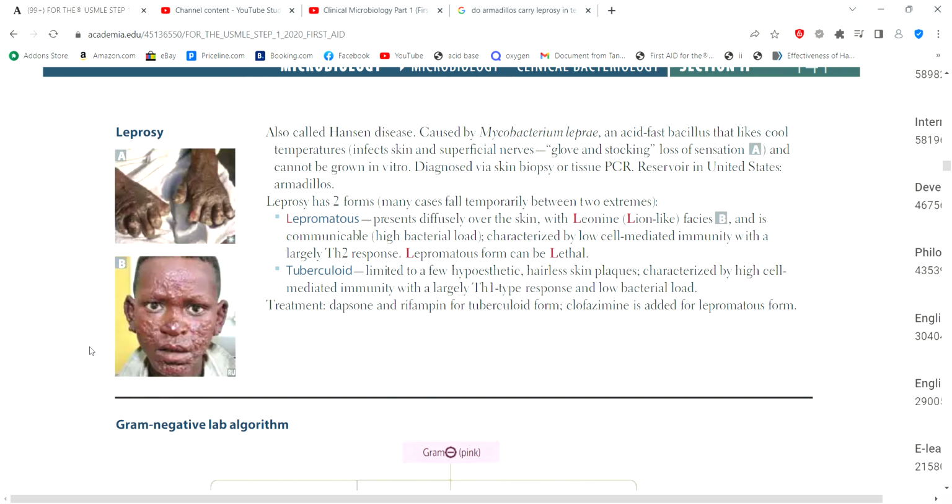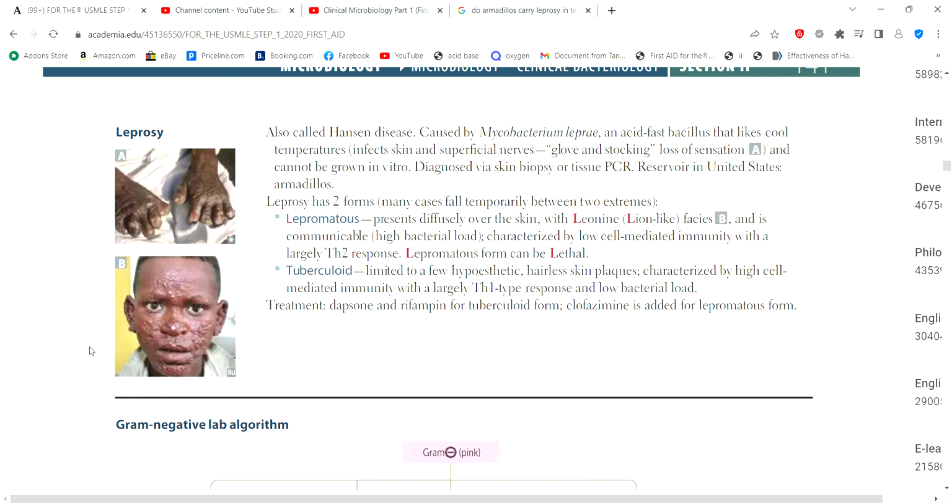The tuberculoid one is a better one to have. It has hairless skin plaques, characterized by high cell-mediated immunity, so a high Th1 response, just like in tuberculosis. So remember the Th1 association: high Th1 response in the tuberculoid form, with a low bacterial load. In the lepromatous form, it is a Th2 response, not Th1.